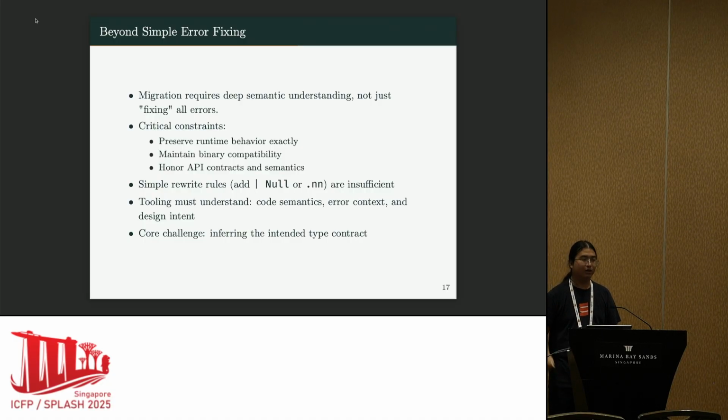We want to make sure the API we update matches the semantic requirements we want, such that simple tools, like using Scalafix to just add .nn to every place you have nullable values, are not good enough. We want a tool which can understand our code, the comments, and the error messages, and achieve the behavior we intended.